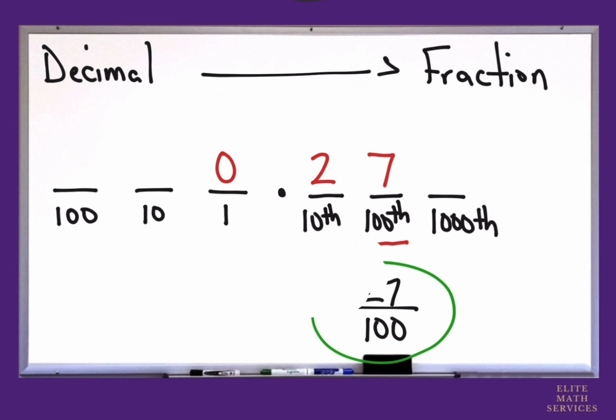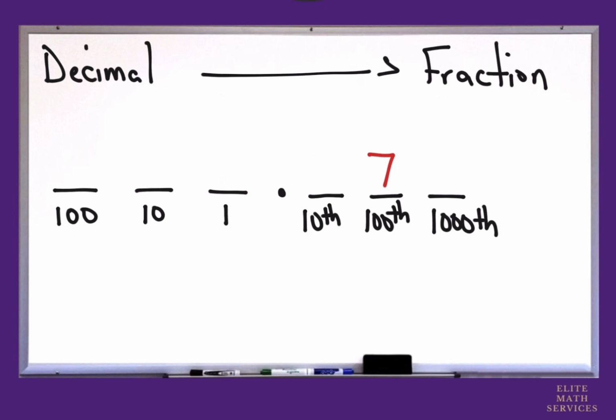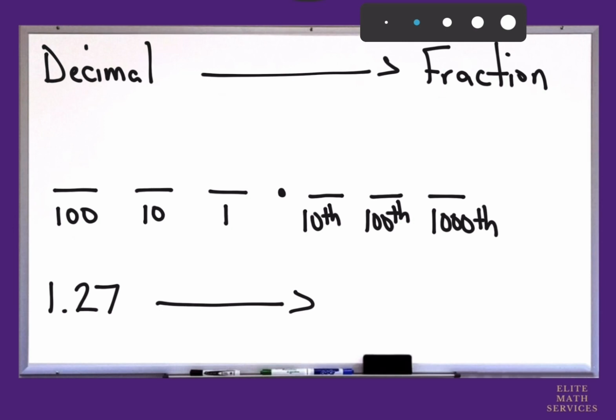Now we're going to do one last example. And this example is going to have a whole number, 1.27. So we fill this in to our place value chart.